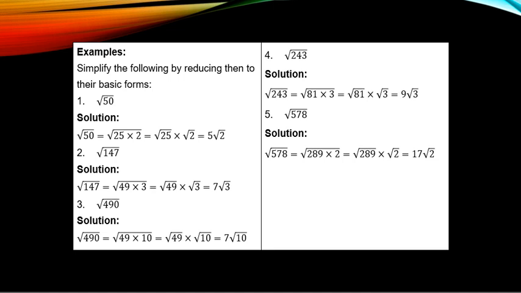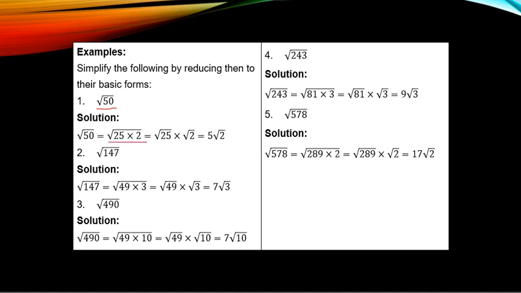Examples. Simplify the following by reducing them to their basic form. Square root of 50. You ask yourself, what is a factor of 50 that is a perfect square? That is 25. So you express 50 as square root of 25 times 2.